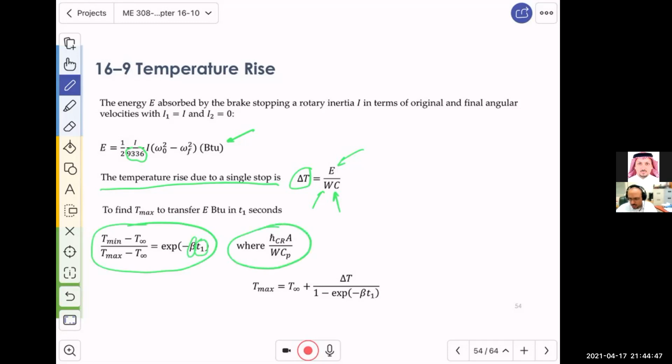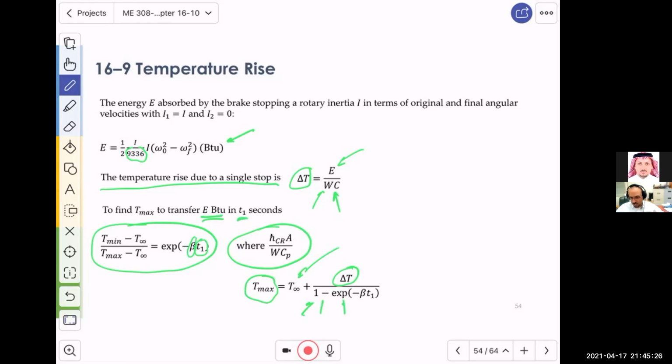This is the same as the one I showed you earlier from the Newton cooling law. So all you need to do now is to solve for T max. So T max will be equal to T infinity plus delta T divided by 1 minus the exponent of minus beta multiplied by T1. So this is for a single stop. And this is to find the T maximum to transfer E BTU, which is the amount of heat, in T1 seconds.